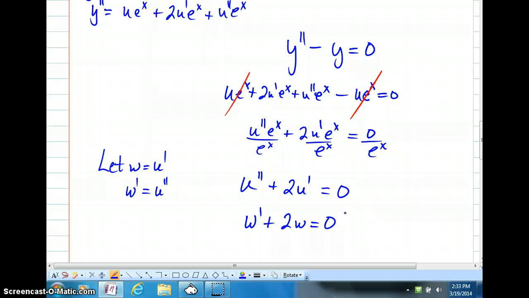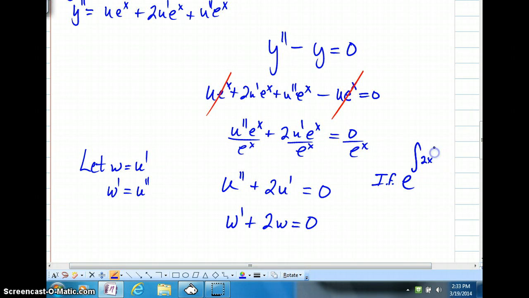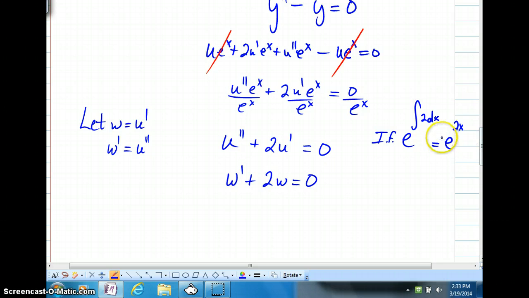We'd say, let's find an integrating factor and maybe make this a little bit nicer. So the integrating factor would be e to the integral of 2 dx, forgive me. What would that become? e to the 2x. So tell you what, I'm going to multiply everything by e to the 2x.